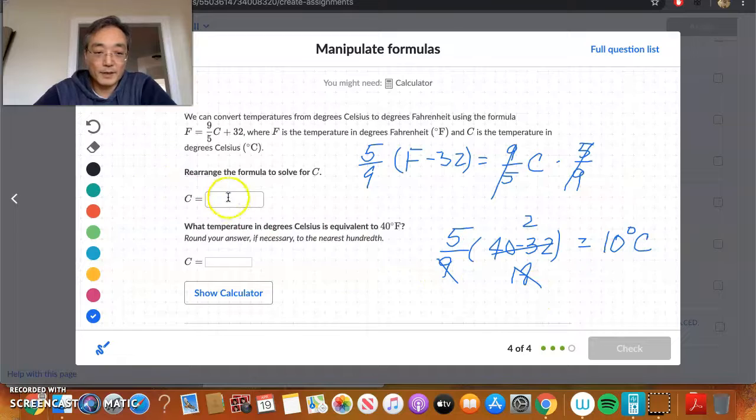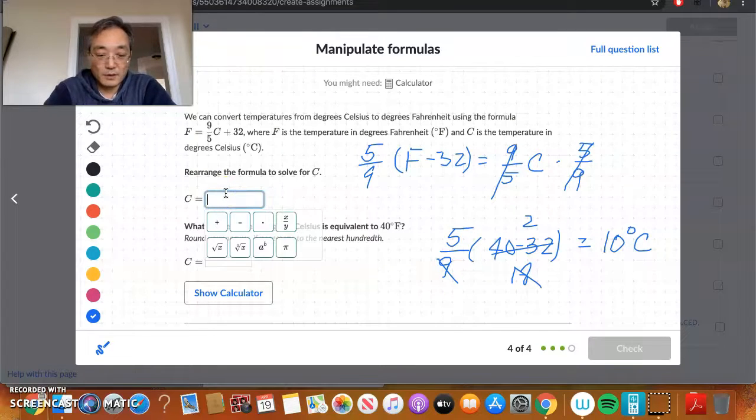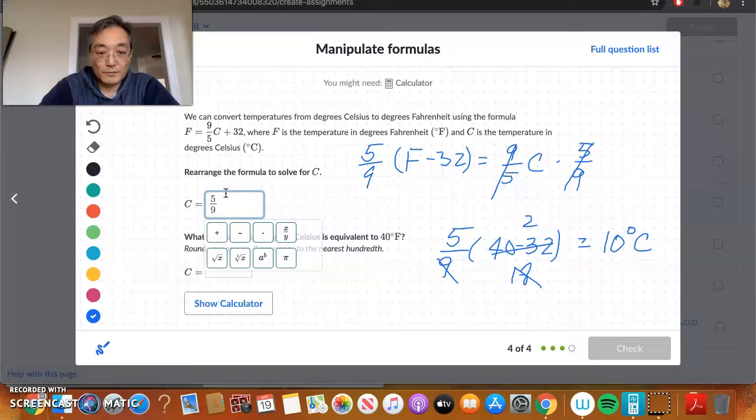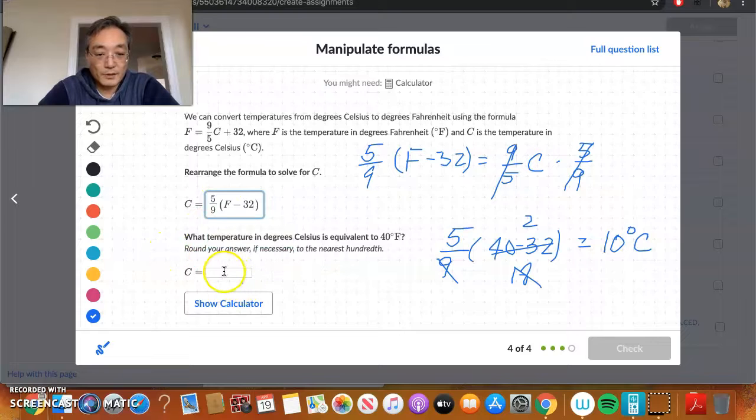All right, so let's type that in. We have 5/9 F minus 32, and then 10.